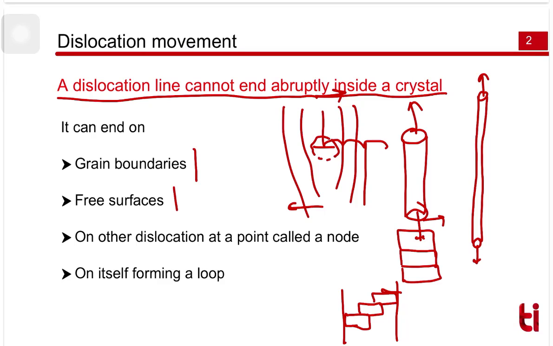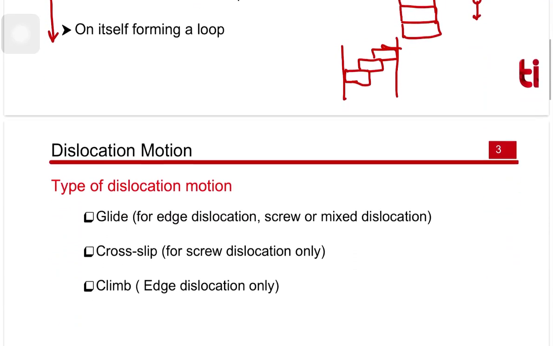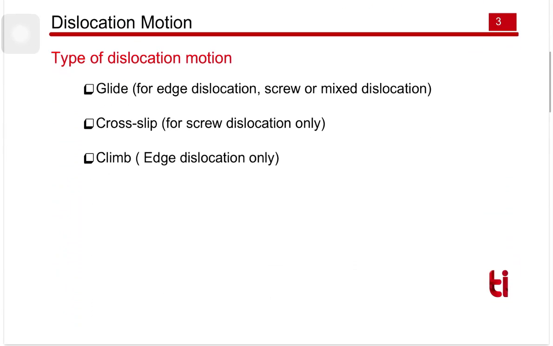So finally, all these things happen when a dislocation moves, and a dislocation moves under the action of shear force, in the slip plane, as we saw before. This dislocation motion is classified basically into three kinds: one is glide, second is climb, and third is cross slip.